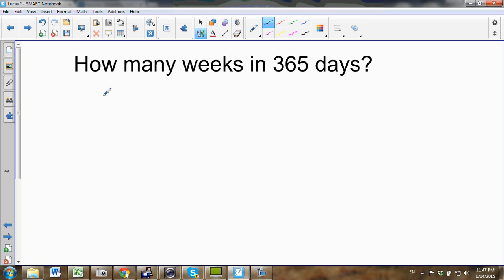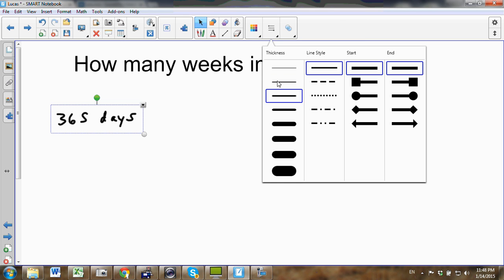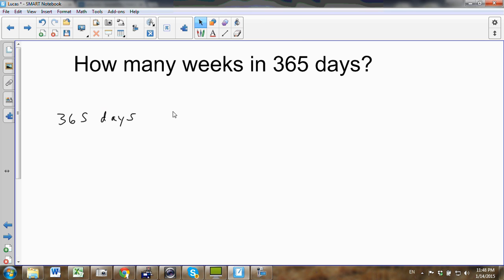But what's really going on mathematically is this: to convert from days into weeks, we start with 365 days, and we need a conversion factor. We know that 1 week equals 7 days.